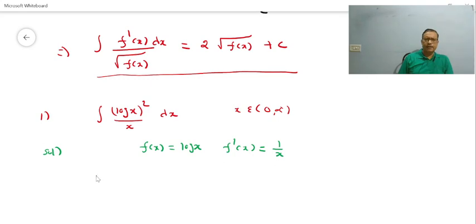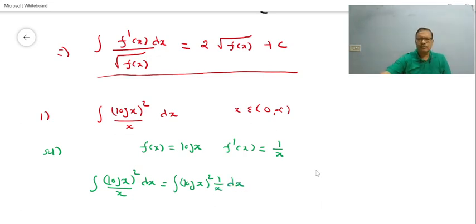So this is equal to the integral of (log x)^2 by x dx. This is equal to the integral of (log x)^2 into 1/x dx. Okay.